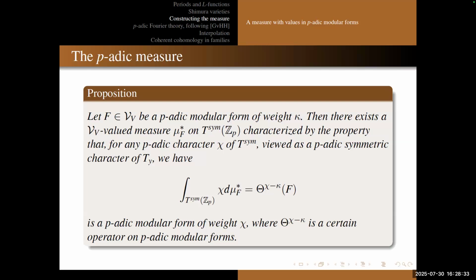Then there is a measure valued in the ring of p-adic modular forms on the p-adic points of the torus, characterized by the property that the integral of any p-adic character is equal to the image of f under a certain operator, which I construct in the next few slides, which specializes in certain cases to a differential operator.